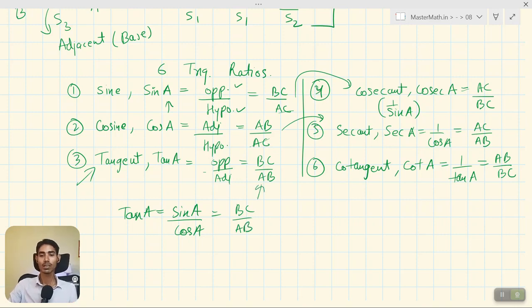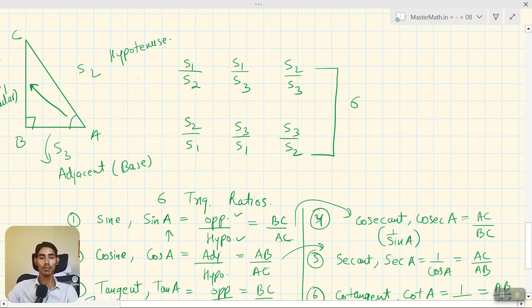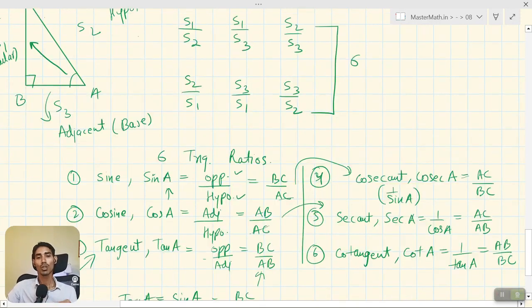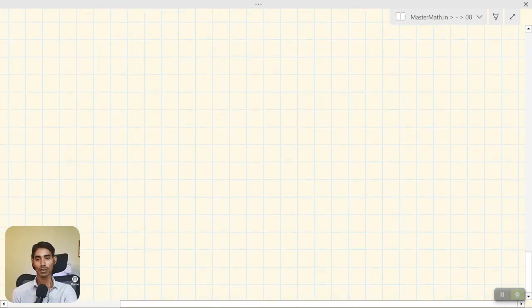So tan A is sine A by cos A. There are 3-4 topics in this chapter, and we have small details like remembering these 6 trigonometric ratios, and the next topic is remembering the different angles, so 0 degree, 45 degree, 60 degree. By the end of the chapter, you must be comfortable remembering all these things, and hopefully you understood till now.